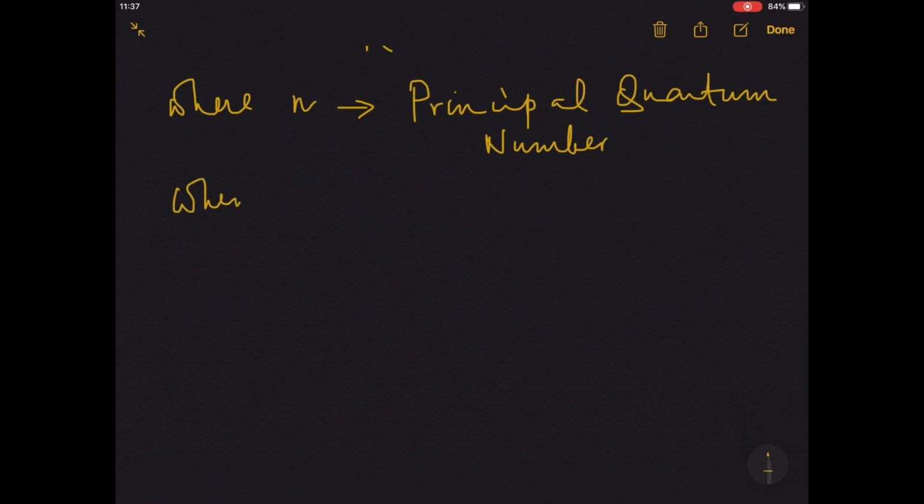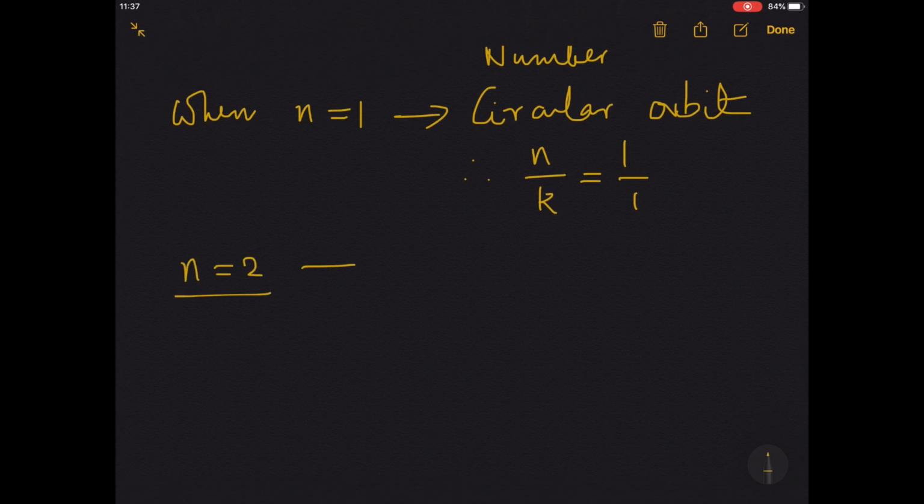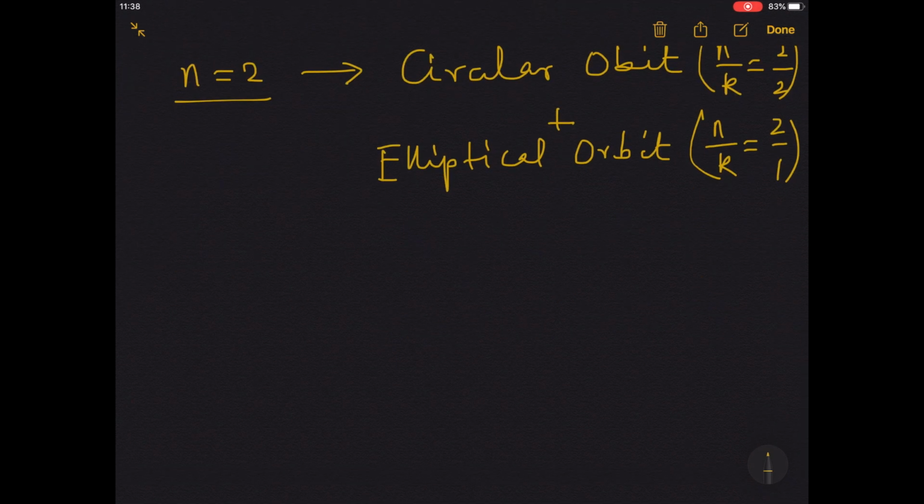For n equal to 1, there is a circular orbit, that is n by k value equal to 1 by 1. But for n equal to 2, there are two orbits. For n by k equal to 2 by 2, there is a circular orbit, and for n by k equal to 2 by 1, there is an elliptical orbit.